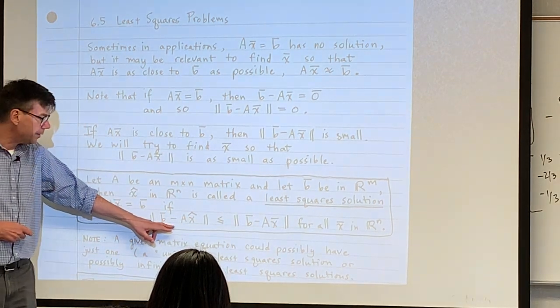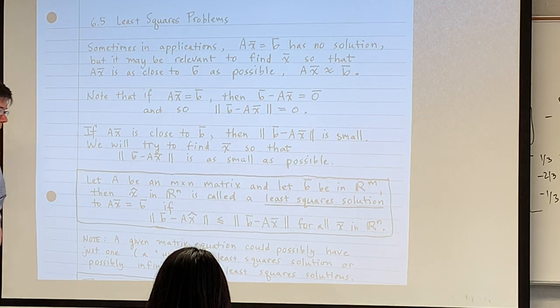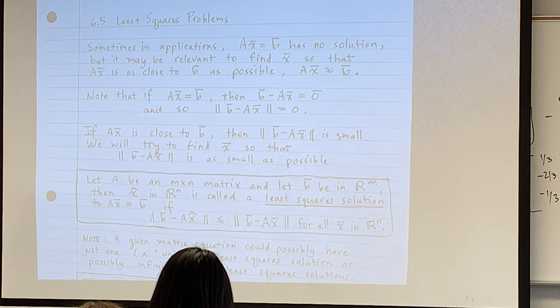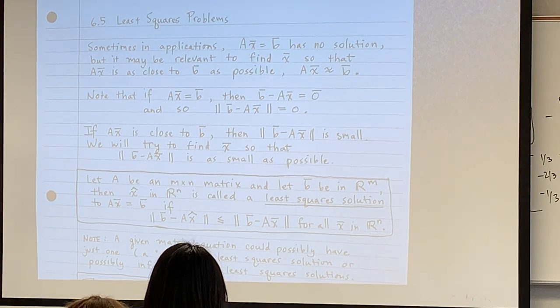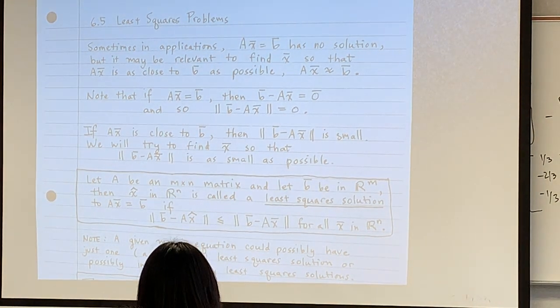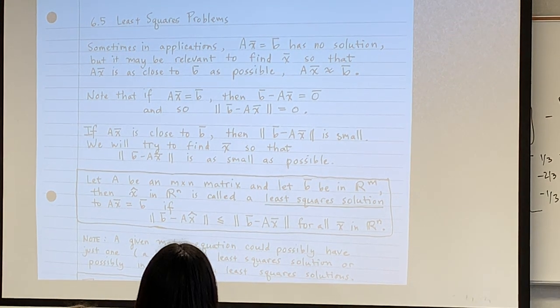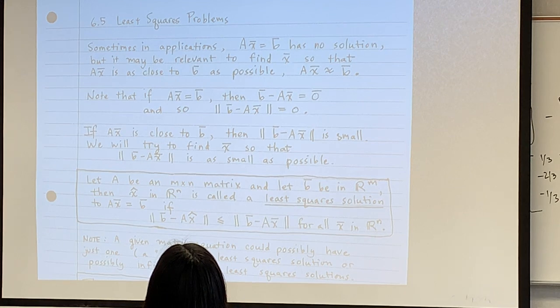If the length of B minus AX hat is less than or equal to the length of B minus AX for all x in Rn. And a given matrix could possibly have just one, a unique least squares solution, or possibly infinitely many. So x hat is what we're going to be looking for next week, and we'll stop now. Okay?